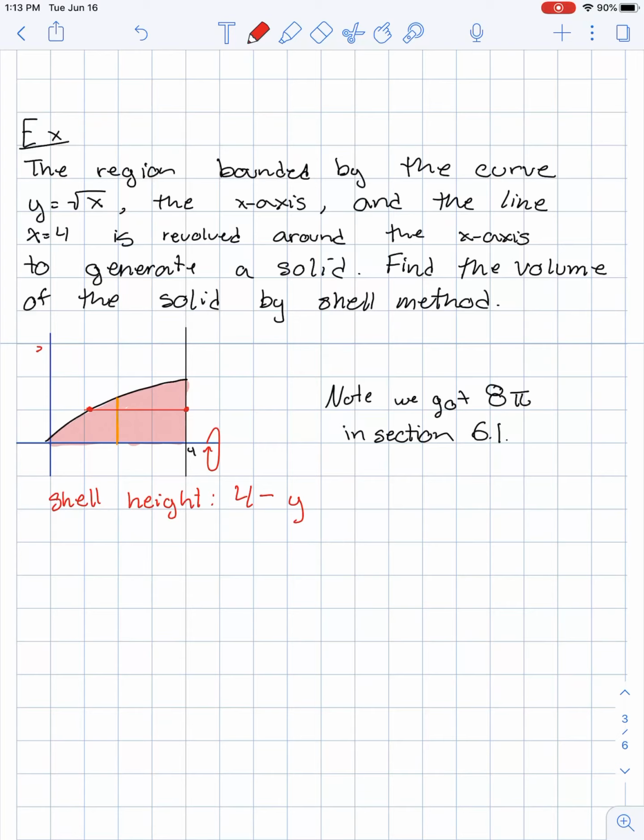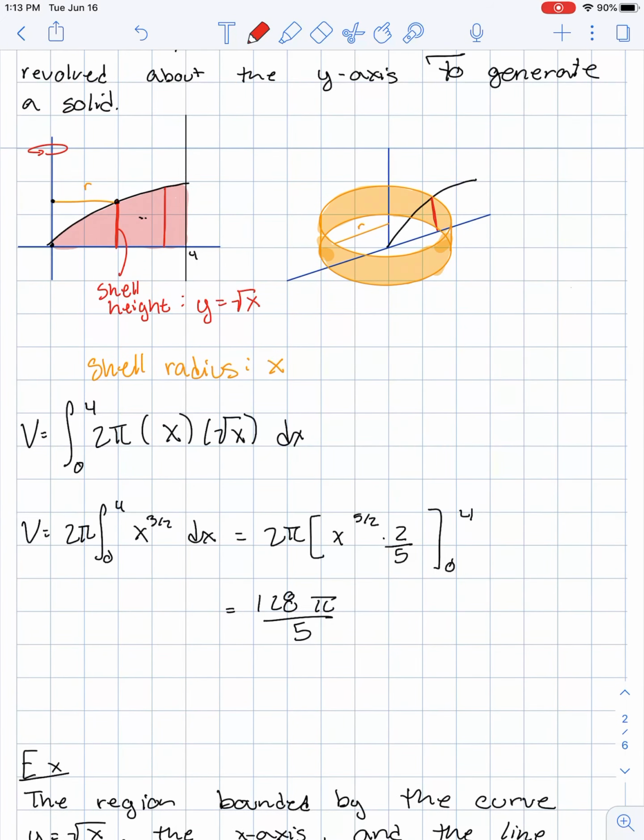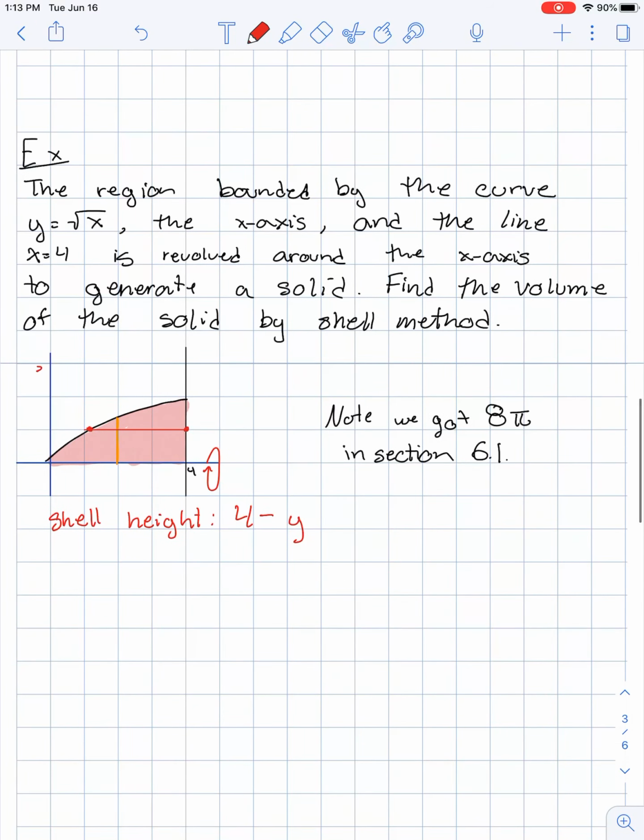y. This is the tricky part about shell. It kind of switches your thinking. Remember, I kept everything in x's because even though I was revolving around the y-axis, now I'm revolving around the x-axis. So now I need to change things to be in y. I know, weird.